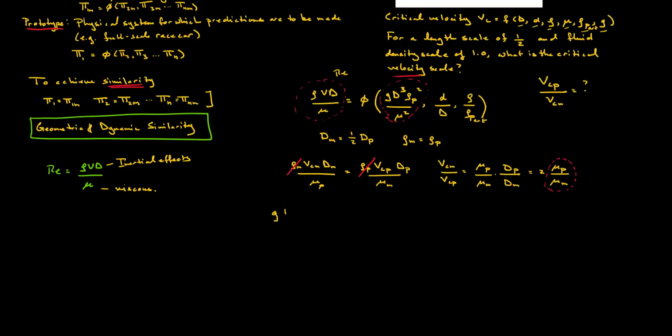So here we'll have g d model cubed, and this will be rho particle for the model squared divided by mu m squared, and we're going to equate that to g dp cubed rho particle for the prototype squared over mu prototype squared.